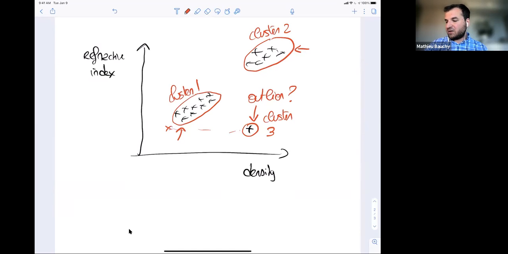Or maybe the density is correct, but the refractive index was not properly measured, and this glass should belong to cluster 2. So this could be a real glass that has very interesting properties, but it would be a potential outlier that needs to be double checked to make sure its refractive index and density are correct.